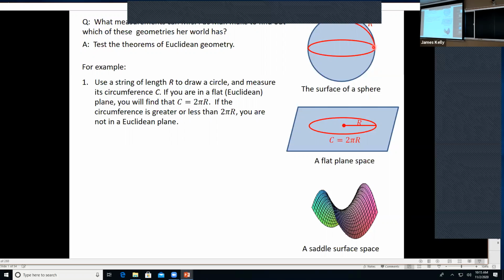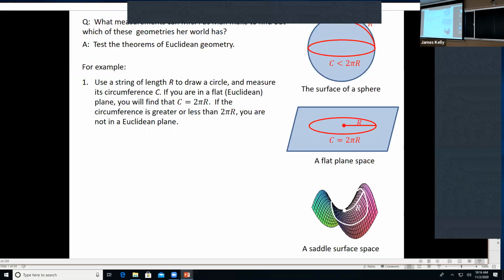In other words, that radius that she's drawn is much longer than what we would normally think of as the radius of this circle, but this point in the middle isn't even in the space. And therefore, when she compares the distance around the circumference, which she can measure with her rulers, versus the radius, she'll find that the circumference is less than 2 pi r. Okay, that's what's going to happen on those spherical kinds of surfaces.